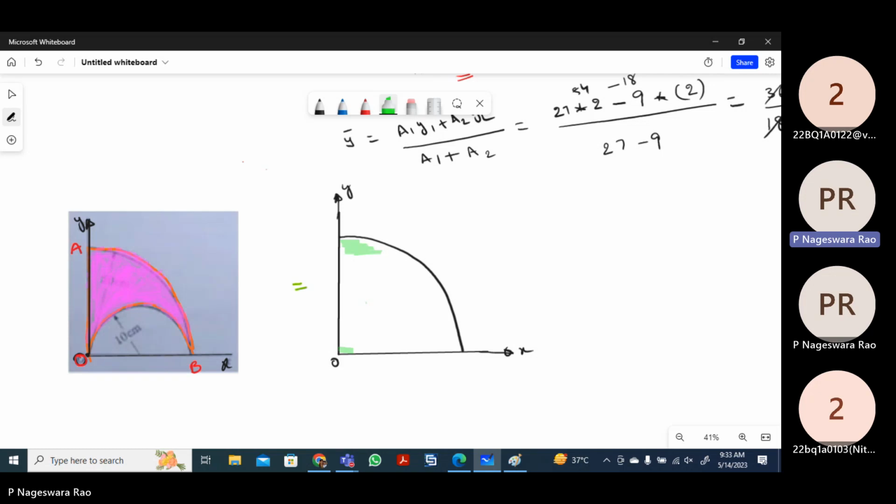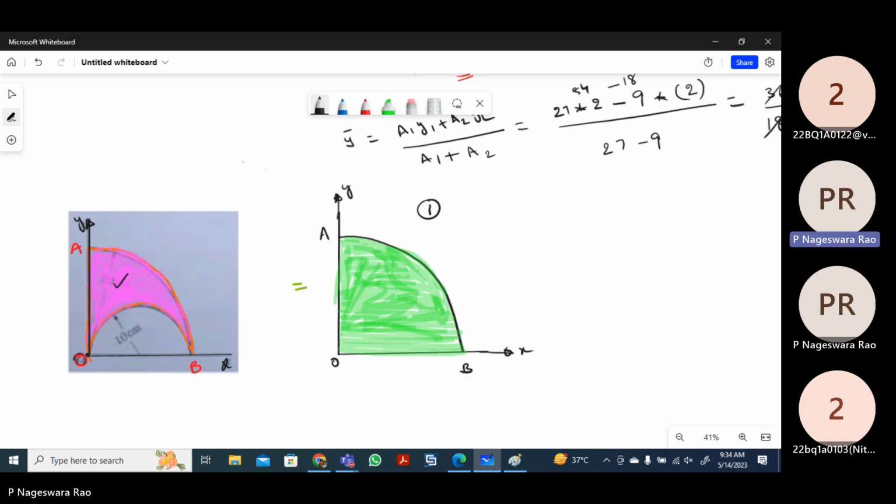You can see I am taking this entire quarter circle OA as the first area.